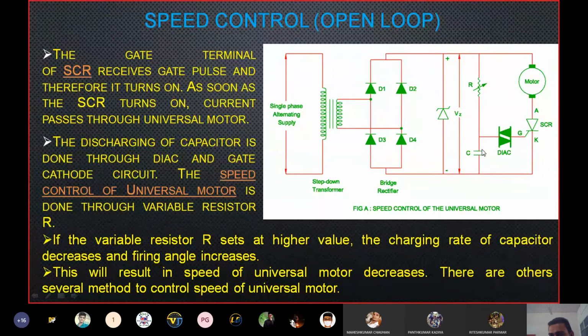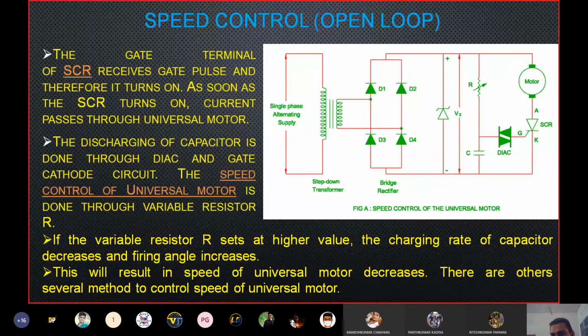Okay, so the voltage buildup across this capacitor, which must equal the breakover voltage of the diode, takes more time. So the voltage across the capacitor takes more time to reach the breakover voltage of the diode. So this diode takes more time to turn on, and as the diode takes more time to turn on, the gate pulse given to this SCR also takes more time.